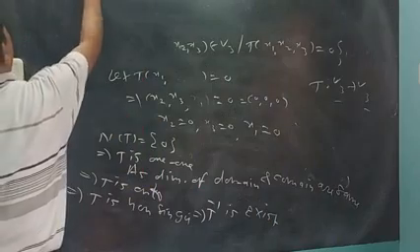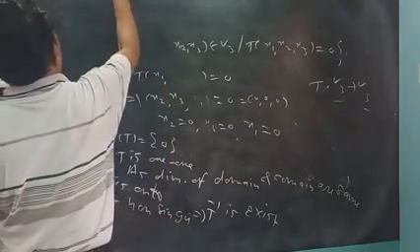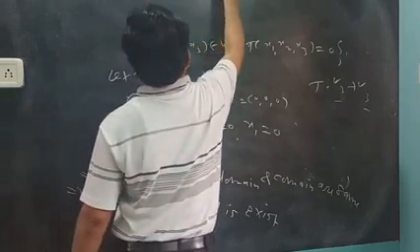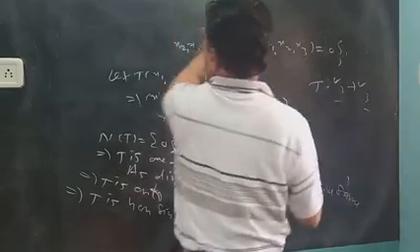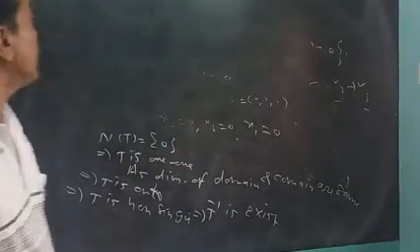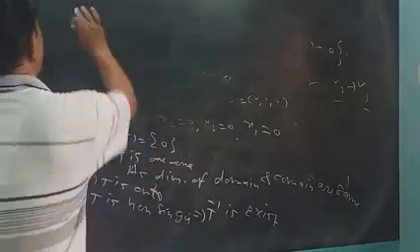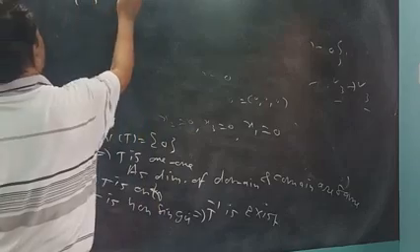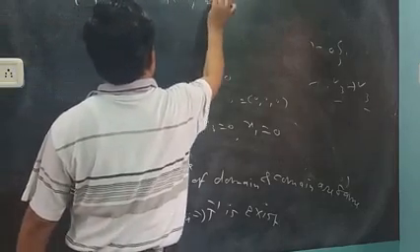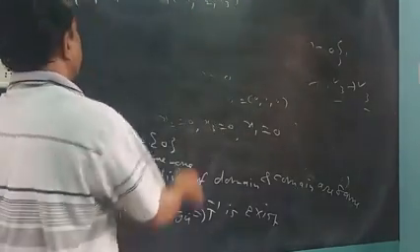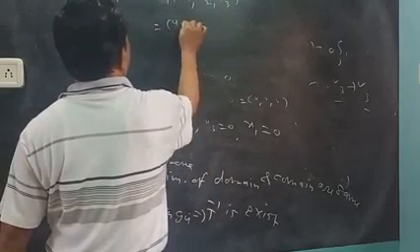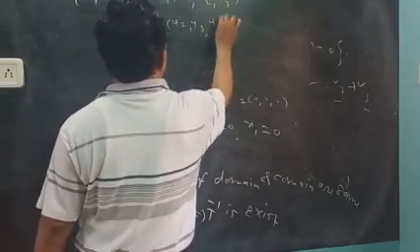Let T inverse of x1, x2, x3 be y1, y2, y3. Then changing sides, x1, x2, x3 will be equal to T of y1, y2, y3, which by the definition shifts to y2 here, y3 here, y1 here.